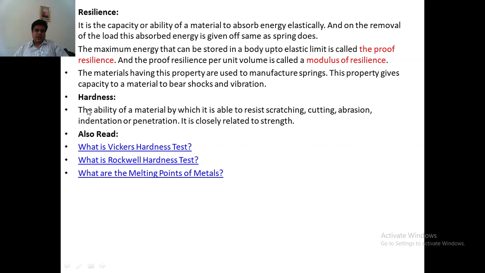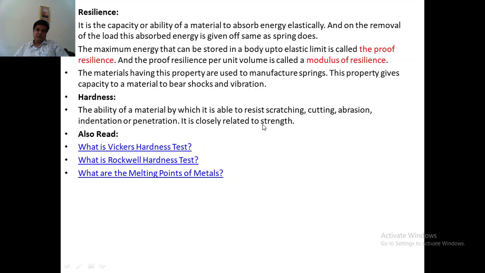And one more term is hardness. It's an important mechanical property of the material. All of you know this word and use it in your daily life. It's nothing but how hard the material is, that means the ability of the material to resist scratching, cutting, abrasion, indentation, or penetration. That is called hardness.